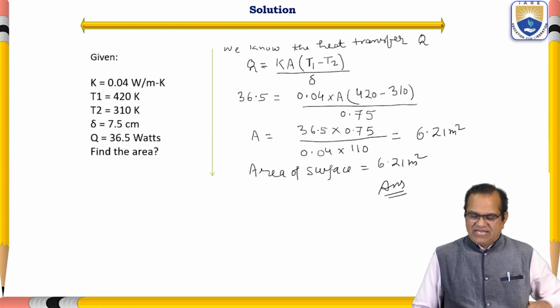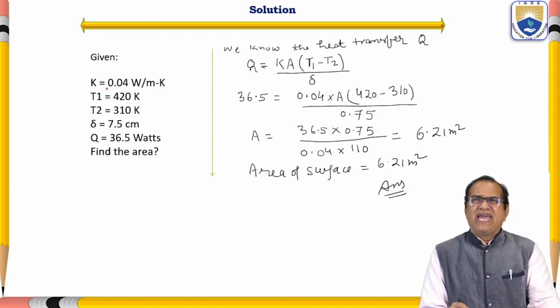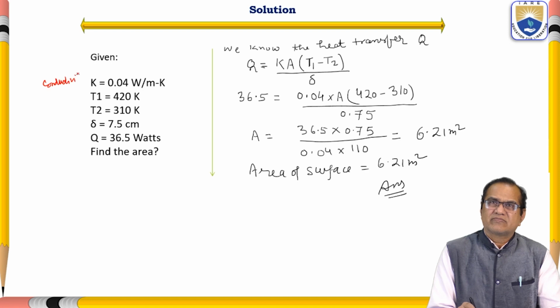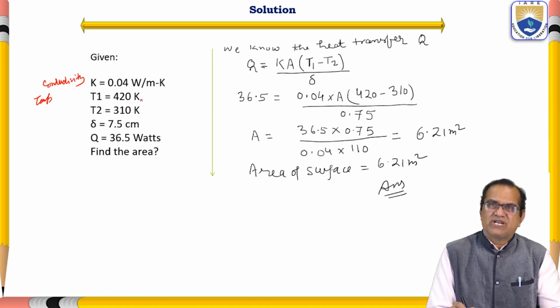So we will see that given K is equal to 0.04 watt per meter Kelvin, the conductivity. Temperature T1 is given as 420 Kelvin.